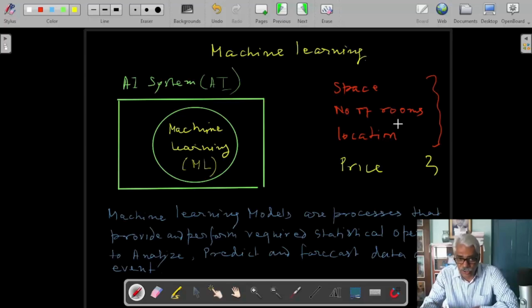And then you train the application with this data. Train means it will try to see a pattern, read a pattern from the existing data. Then if you tell your needs, that my required space is this, number of rooms I am looking for is 4, a flat, and I am looking for a location like Newtown or something like that, then it will automatically try to predict some price.